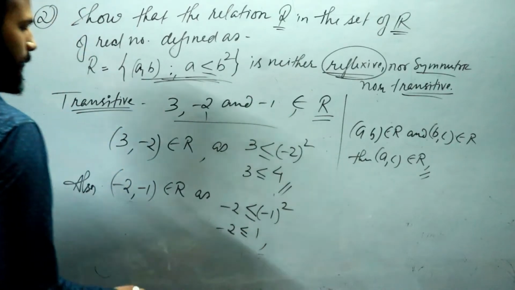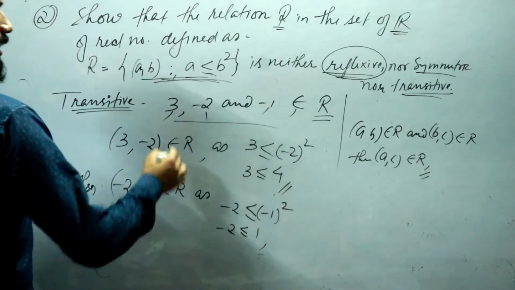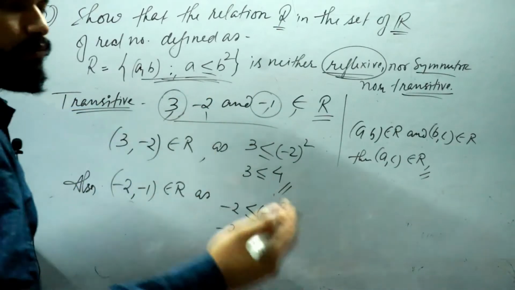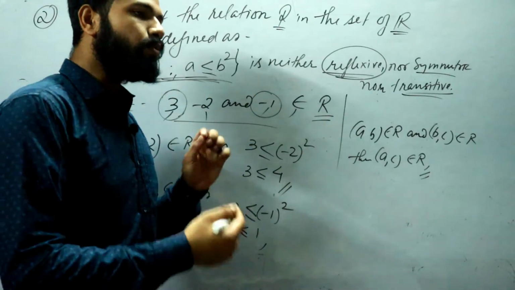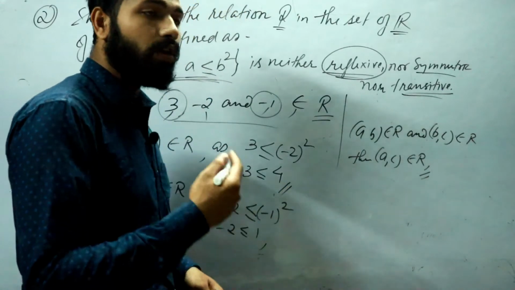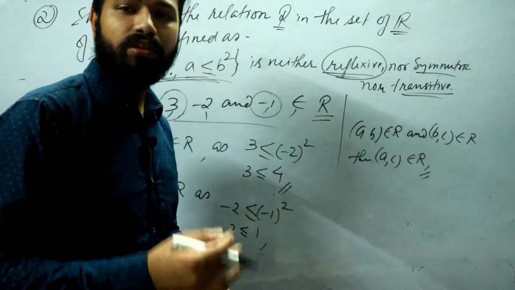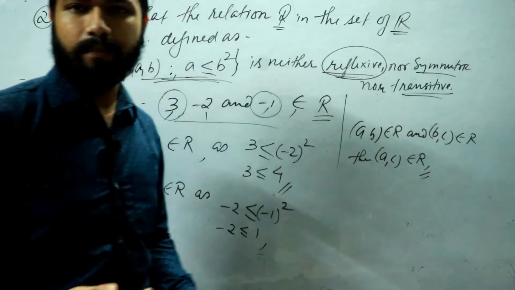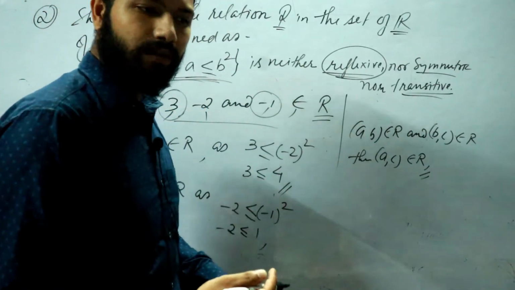It is also true. But if you take A and C, this is the example I have taken from my side. You can take any example from your side. Ultimately we have to prove it is not transitive, so it is up to you. There is no fixed rule that you have to consider this only. You can take any other example, whatever you like.